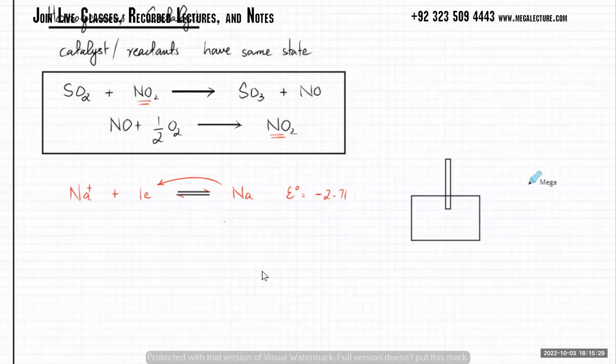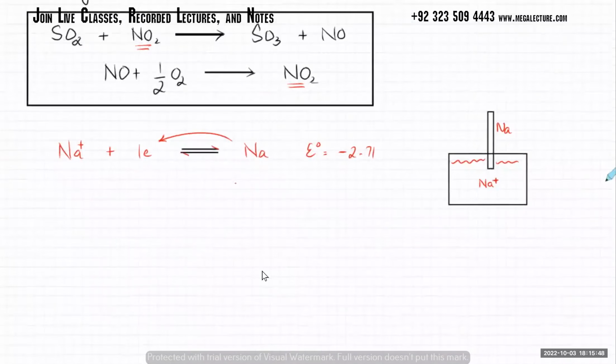Imagine that you have a sodium metallic electrode, and imagine that it is placed in a solution that's made up of sodium ions. This is what an electrode actually looks like. We're only studying this at a basic level right now, we're not going to go too in depth into this.